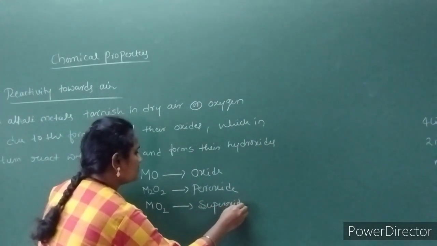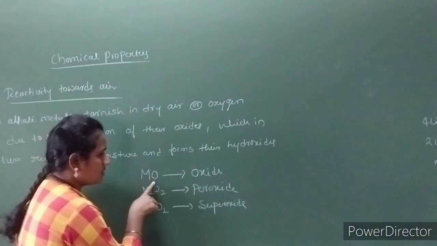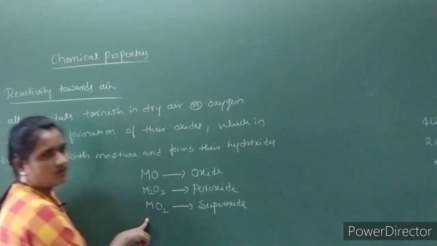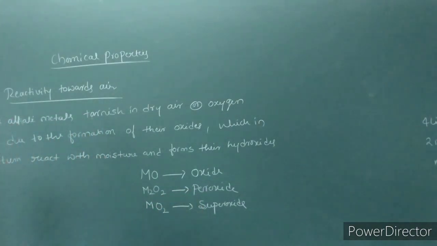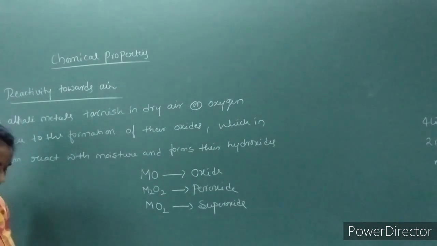This is the difference between oxide, peroxide and superoxide. So lithium forms monoxide, sodium forms peroxide, and the other metals form superoxides.